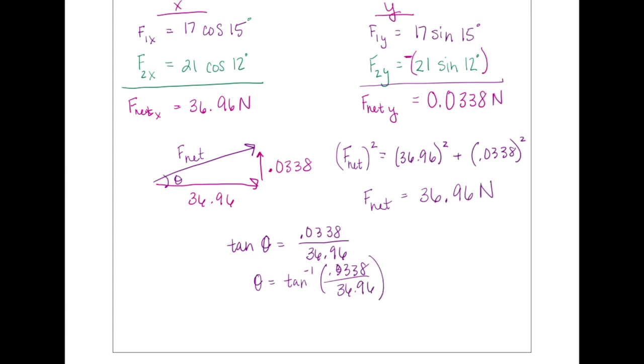And we'll get that our angle is 0.052. Okay, so whenever we go to write out the final answer for this, I'm just going to round it, it's going to be 37 newtons. And from the eastern quarter, it's going to be 0.052 degrees north.